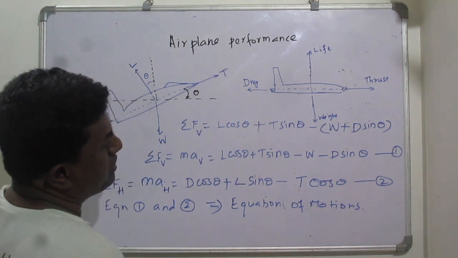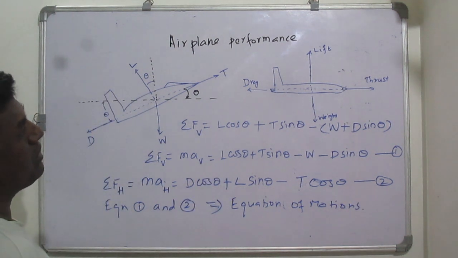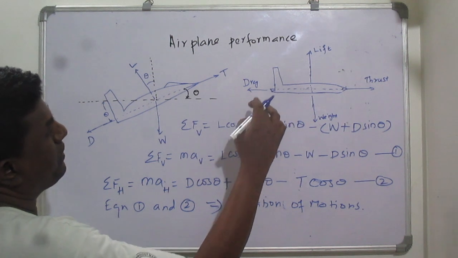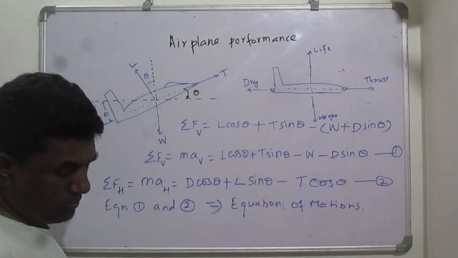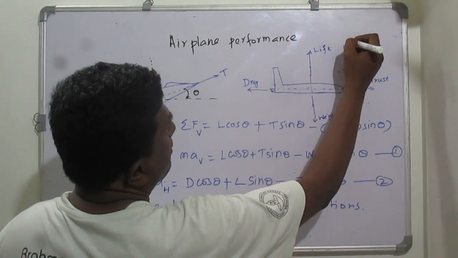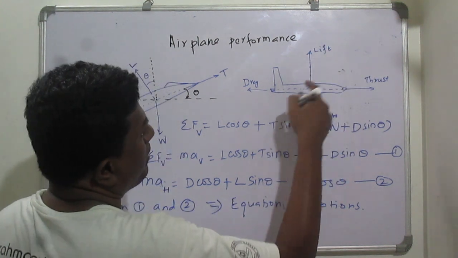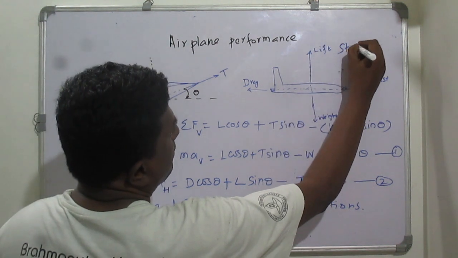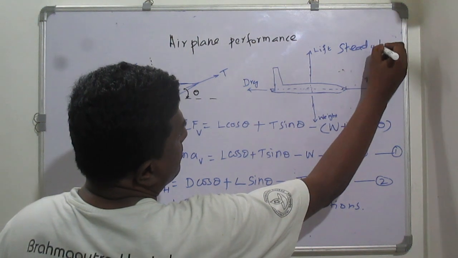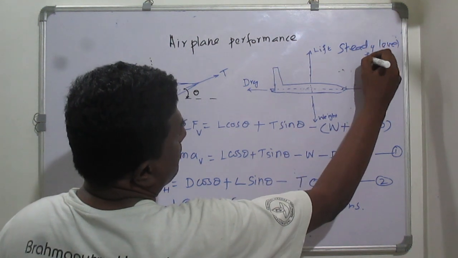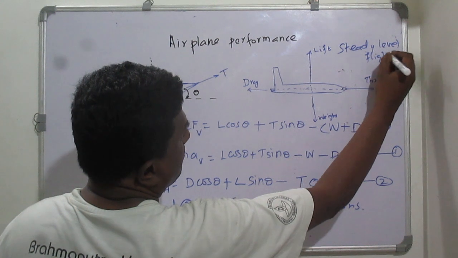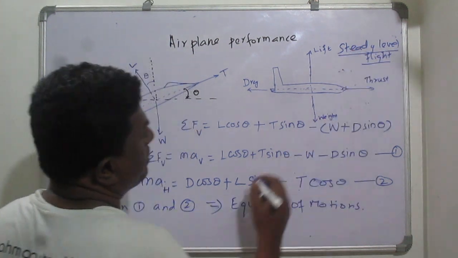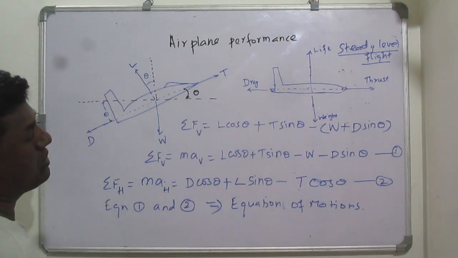So by using this equation we can derive the condition for steady level flight. Because this is subjected to the steady level flight, we can say this flight is nothing but steady level flight. So in steady level flight, what would be the condition?